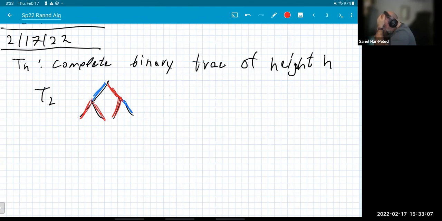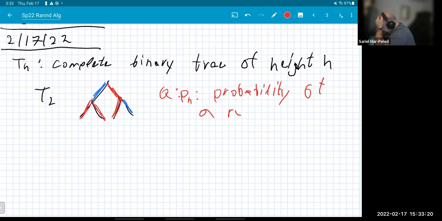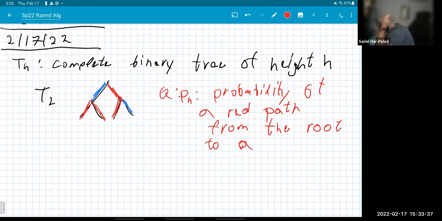And let's assume that the question is, let pH be the probability of a red path to exist from the root to a leaf.